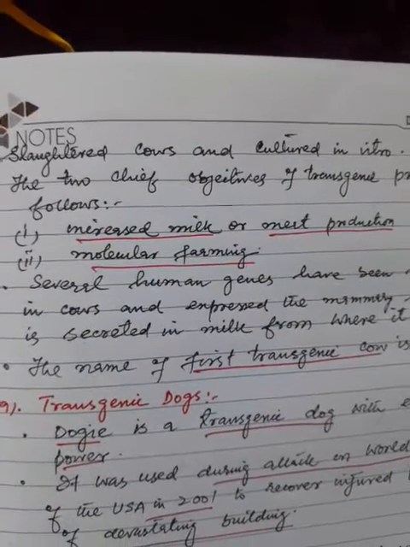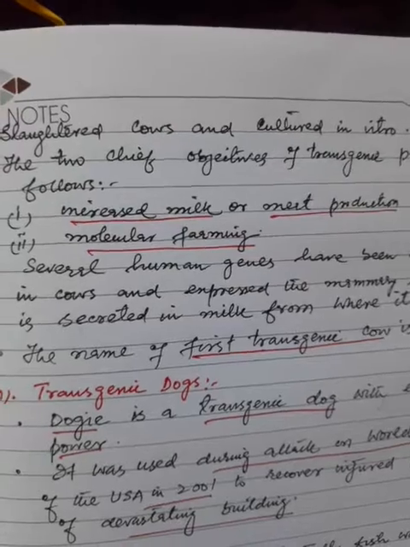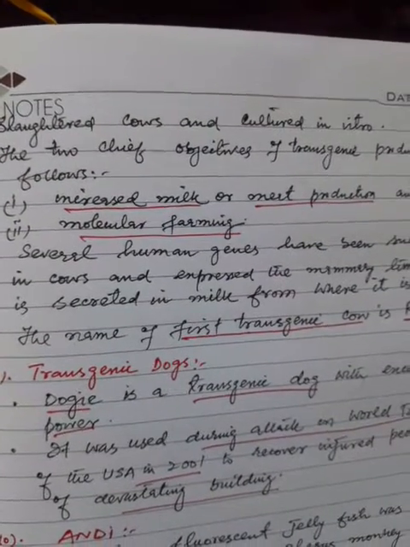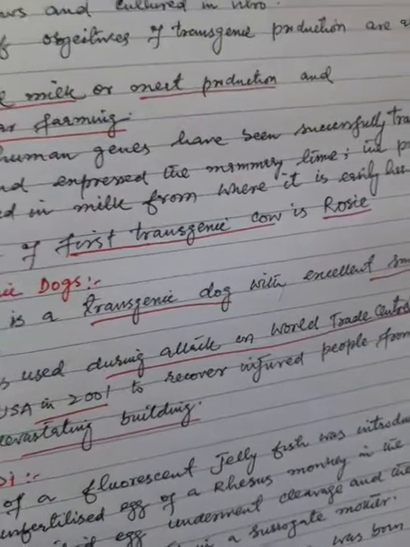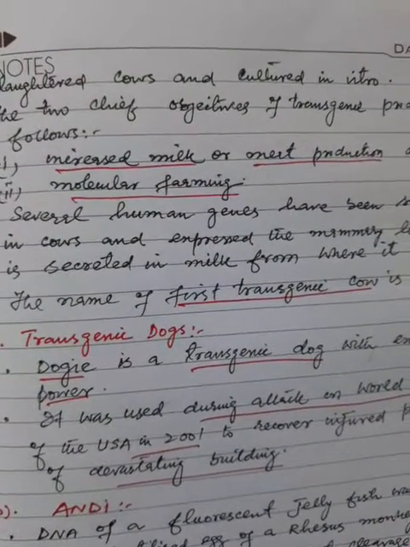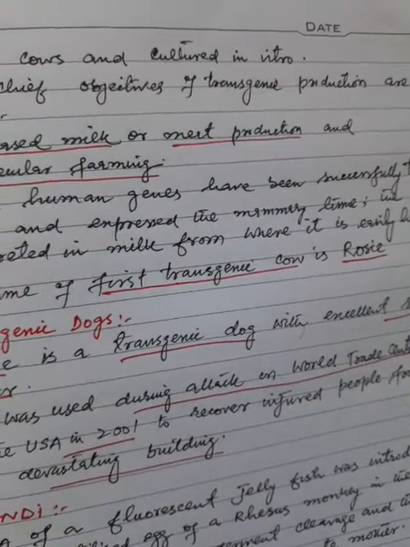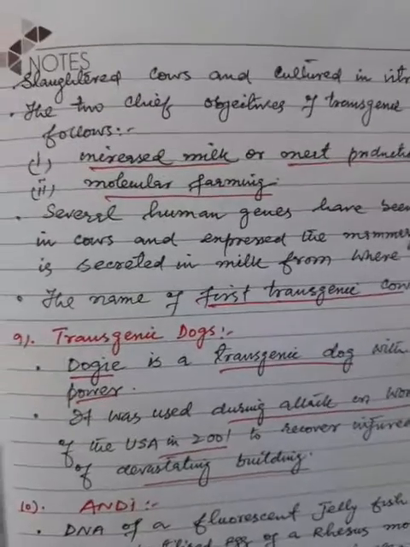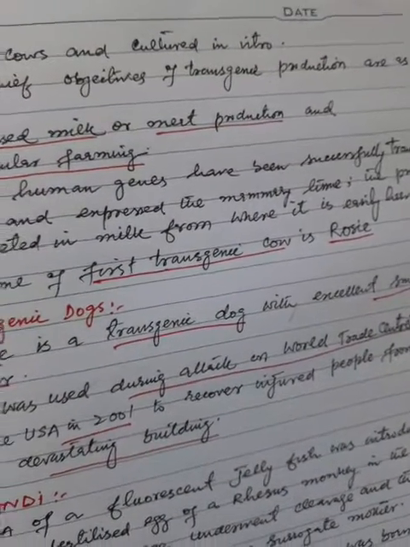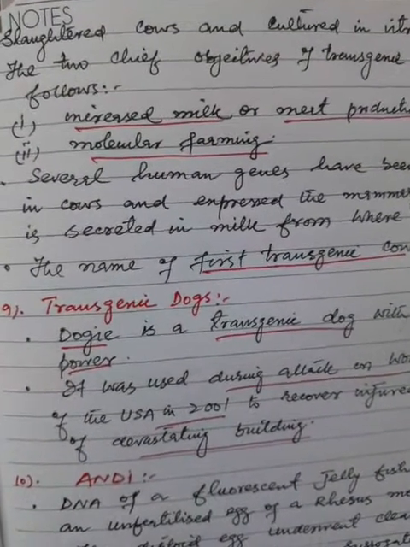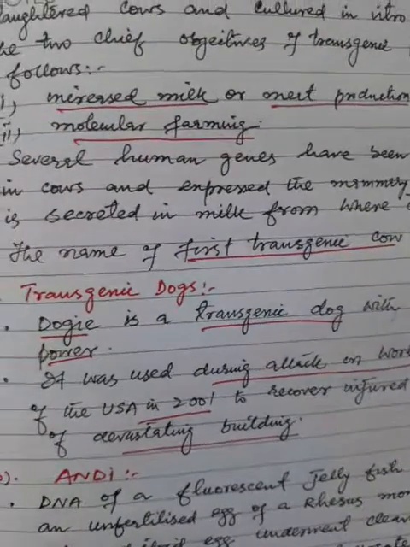Number one, increased milk or meat production, and number two, molecular farming. Several human genes have been successfully transferred in cows and expressed in the mammary tissue. The protein is secreted in milk from where it is easily harvested. The name of the first transgenic cow is Rosie.